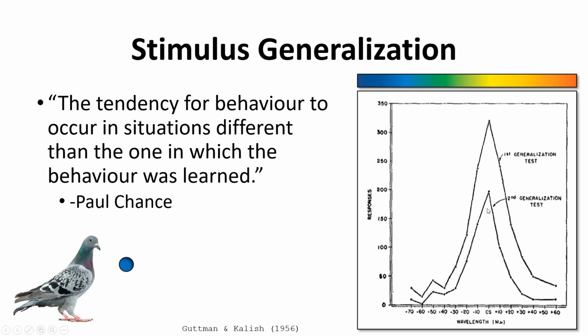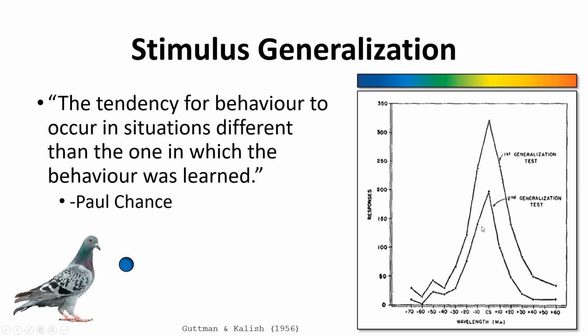So we see what happens if you shift the light a little bit lower in wavelength or a little bit higher. What if you make it more green, or more yellow? If the pigeons were discriminating between their originally trained stimulus and another color, they would have high responding to what they had originally been trained on and very low responding on everything else.